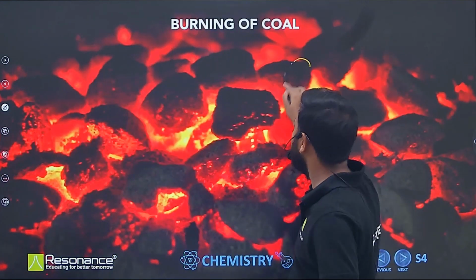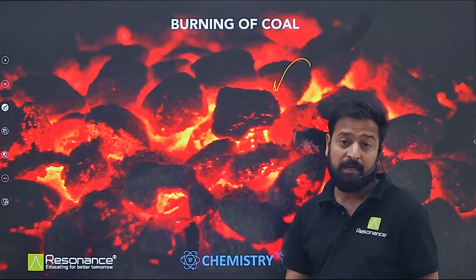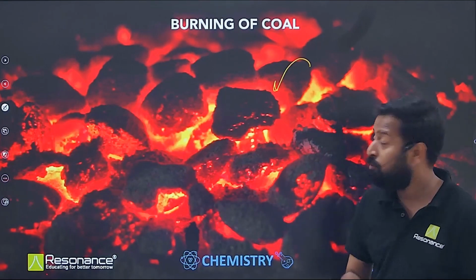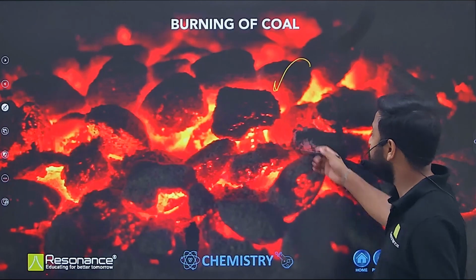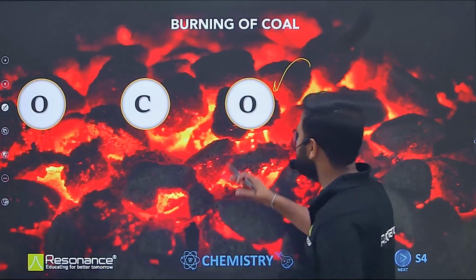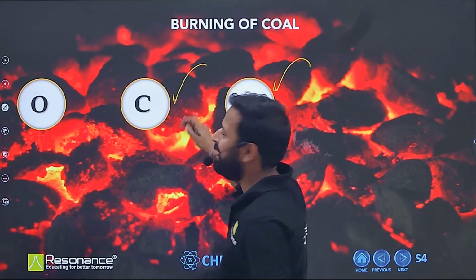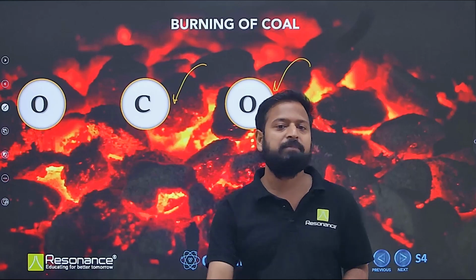This is the burning of coal. We have already observed, whenever your mother is cooking food in rural areas mostly, or in winter times also, in villages you can see people burn coal. So basically what happened is, carbon, that's coming from the coal, and oxygen is present everywhere, like 21% is oxygen.